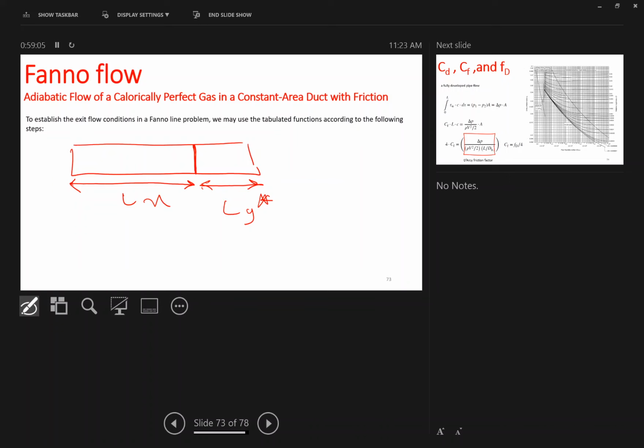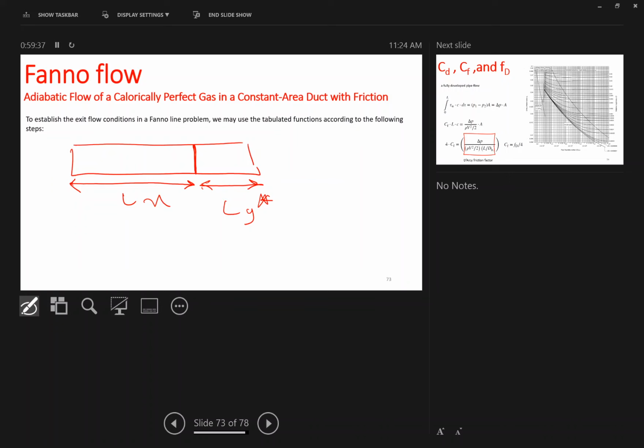So the shock is somewhere in between Lx and Ly, right? So we are assuming a location for the shock, which is this distance Lx from the inlet. So this Lx is an assumption we are making. Yes, and we'll get to the trial and error later on.